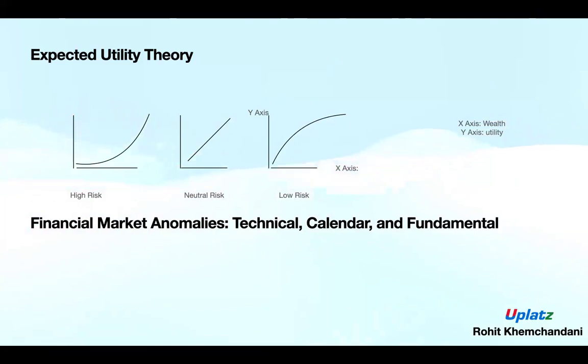As we move on the positive side of the x-axis, we are going in the positive direction, so our wealth is increasing. So for an increase in the expected wealth, the utility function of a risk averse person decreases.